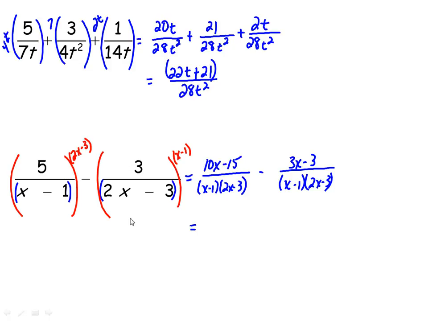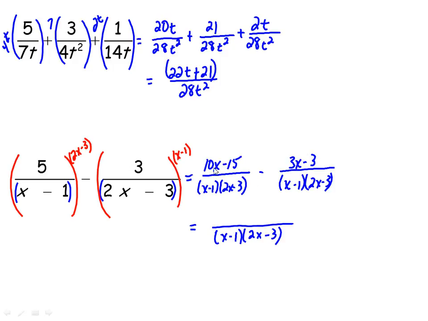Now that you have a common denominator, let's make one fraction over that common denominator by combining like terms on top. Again, there is a minus sign here, and that makes it tricky. That minus sign goes to the whole entire 3x minus 3, so be careful of that.